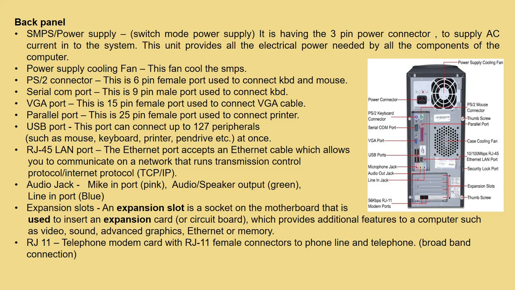Now next, go for the serial port. The serial port is a 9 pin male port. Previously this type of port was used for connecting devices like the keyboard. So this one is called the serial port, which is a male port and has 9 pins. Remember, this one is 6 and this one is 9.